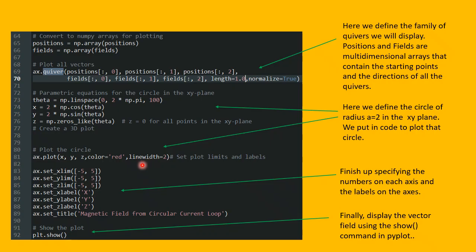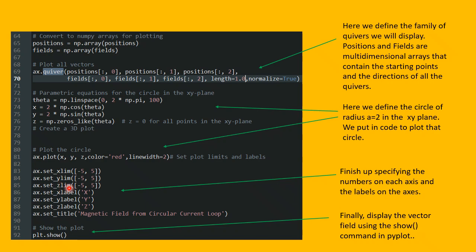And then, after we do that, we're going to finish up by specifying the numbers on each axis and the labels on each axis. So ax.set_xlim goes from -5 to 5. Similarly, we set the numbers on the y-axis going from -5 to 5. Notice we have ylim here.